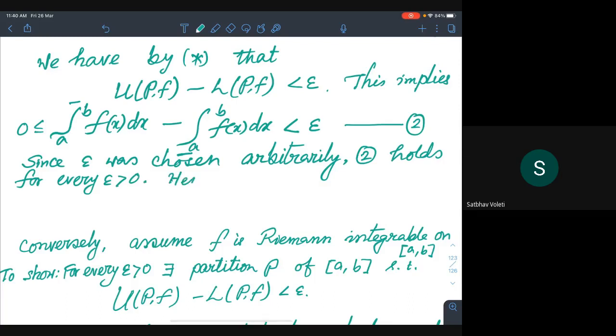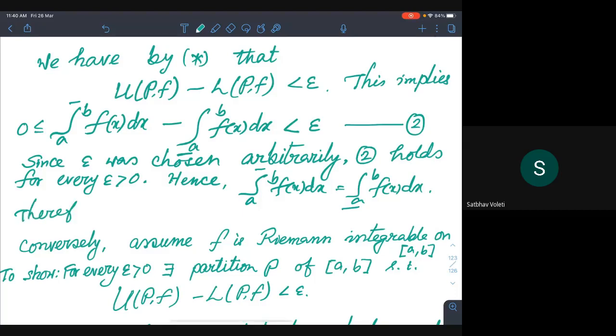Hence you can take epsilon tends to 0. So that implies the upper integral of f(x) dx has to be equal to the lower integral of f(x) dx. Therefore, f is Riemann integrable. All right.